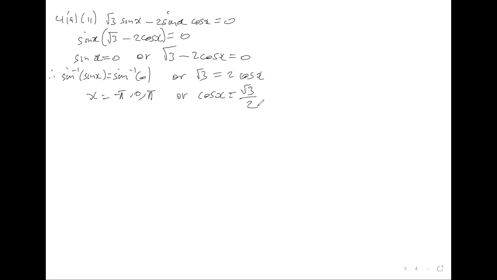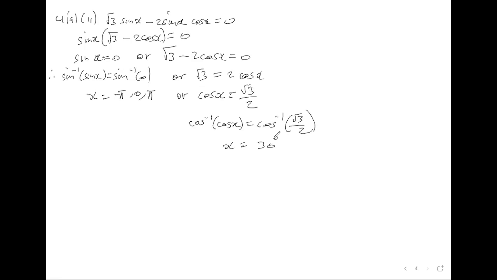So when we introduce cos inverse on both sides, we have cos inverse of cos x, and on this side, we introduce cos inverse of root 3 over 2. Here you have x equals, this gives you 30 degrees.